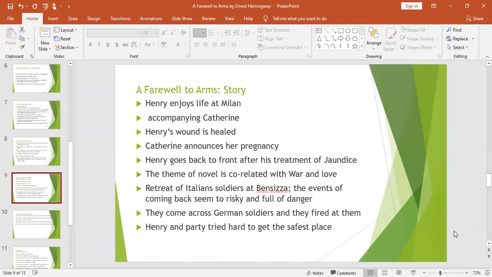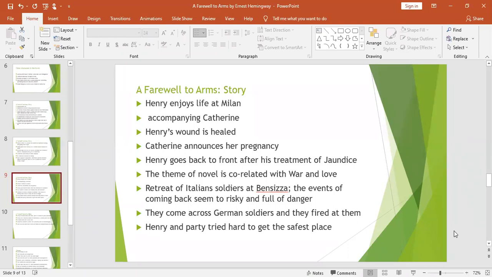They come across German soldiers. And what happens when Henry and his men are retreating? They come across the German soldiers and they fire at them. Henry and party tried hard to get to the safest place.